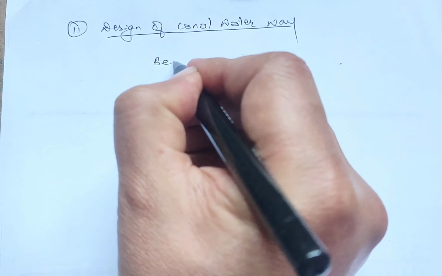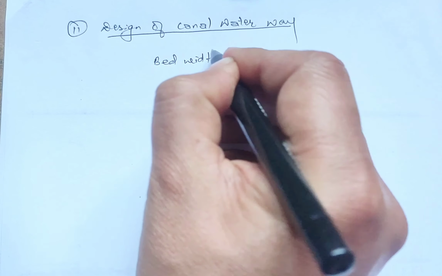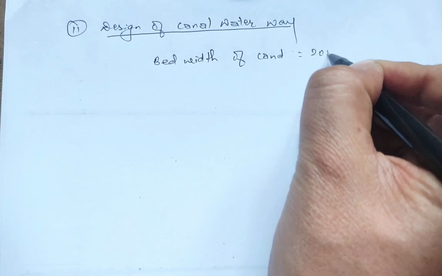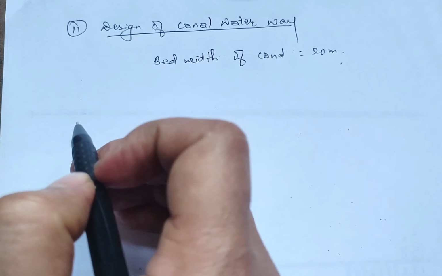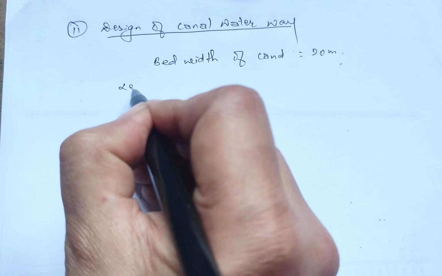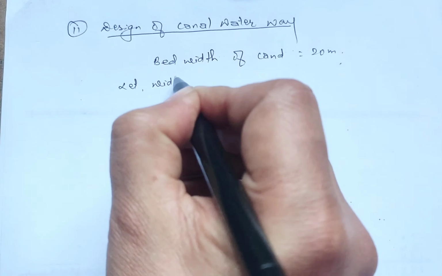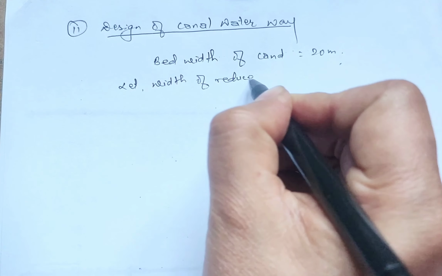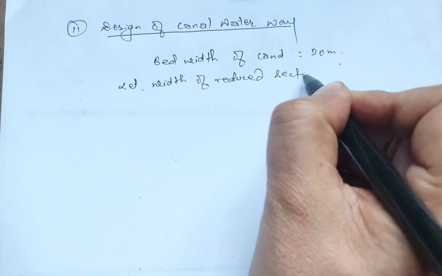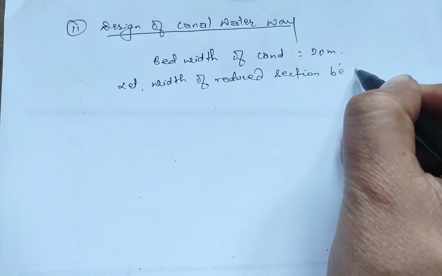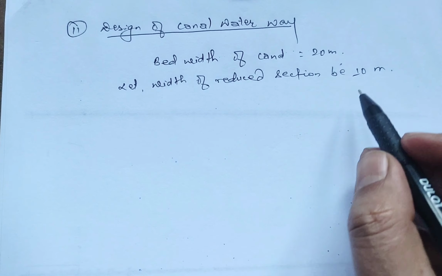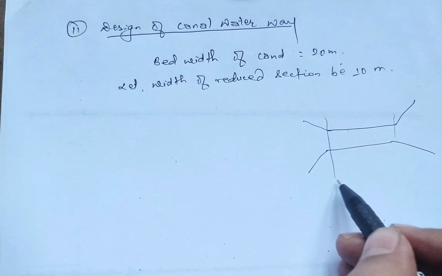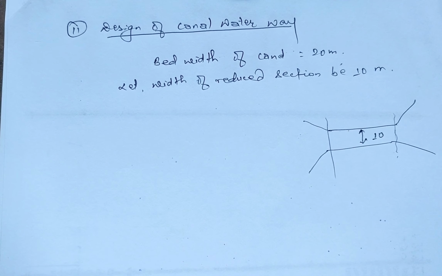After this, we go to the design of the canal waterway, where the given bed width of the canal is 20 meter, but we'll reduce it to 10 meter only. That is, this section is 10 meter.